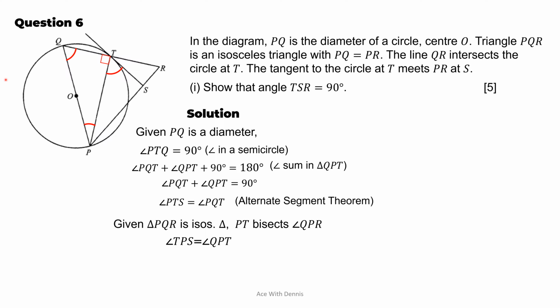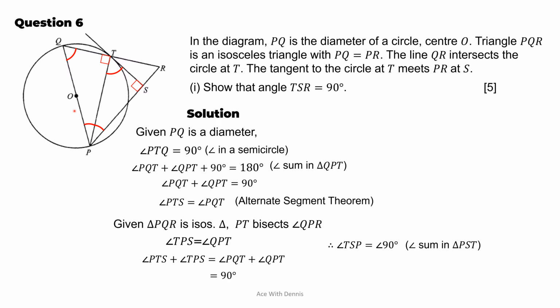So we can say that angle TPS equals angle QPT, so this angle and this angle are the same. Therefore, angle PTS plus angle TPS equals angle PQT plus angle QPT, and it will give us 90 degrees. Therefore, angle TSP is 90 degrees because it is the angle sum in triangle PST.